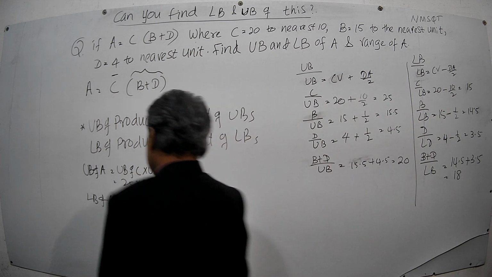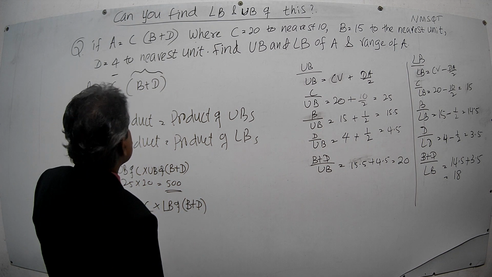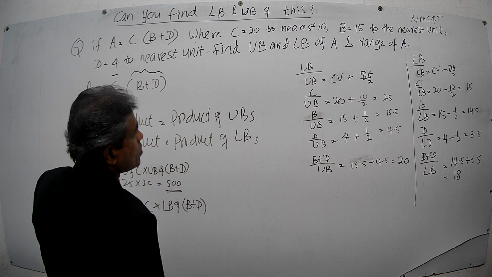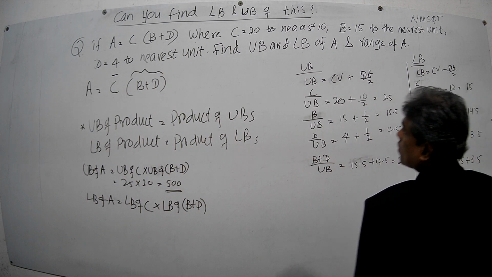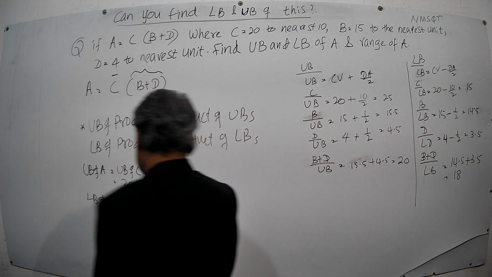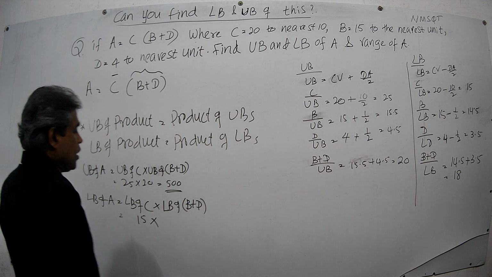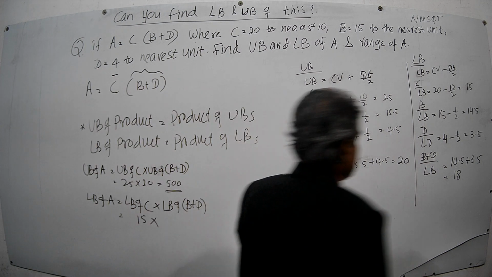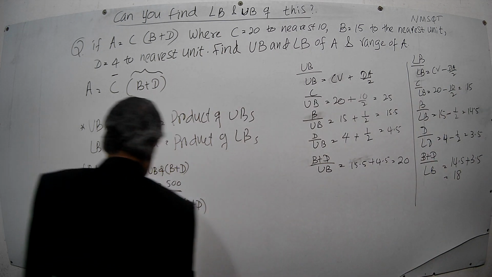The lower bound of C is 15. Times the lower bound of B plus D. We calculated the lower bound of B plus D, that is 18. Put it here and multiply.